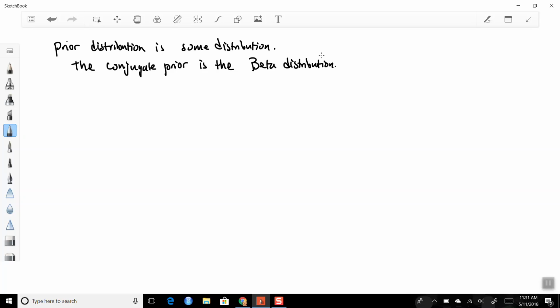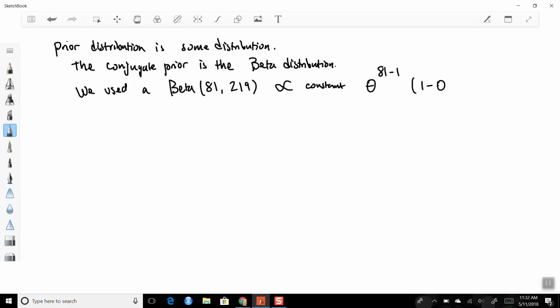And I think what we used is a beta 81-219, okay, which is proportional to some constant times theta to the 81 minus 1 and 1 minus theta to the 219 minus 1.